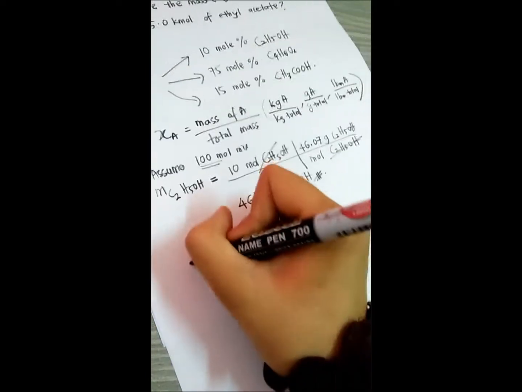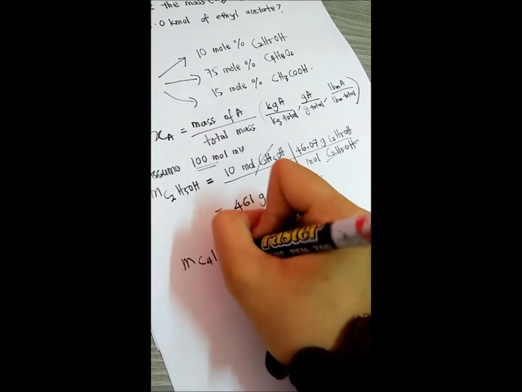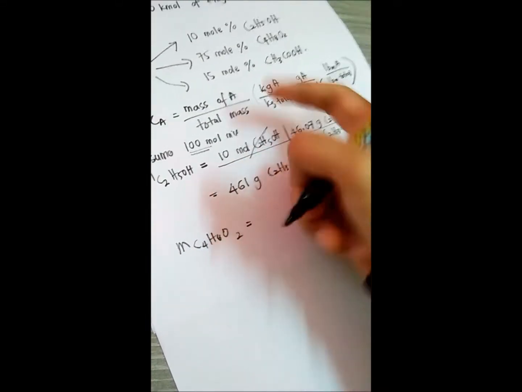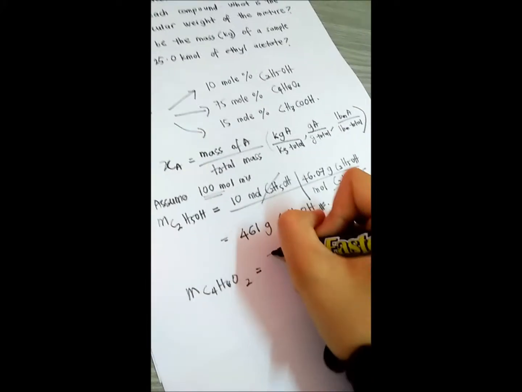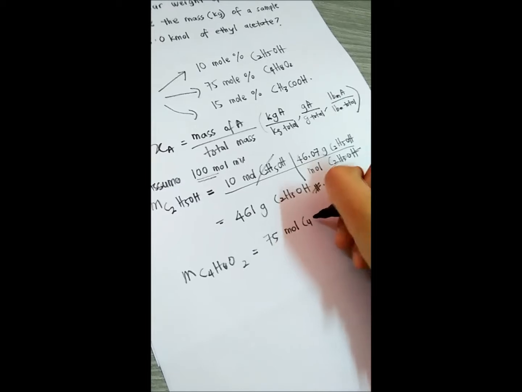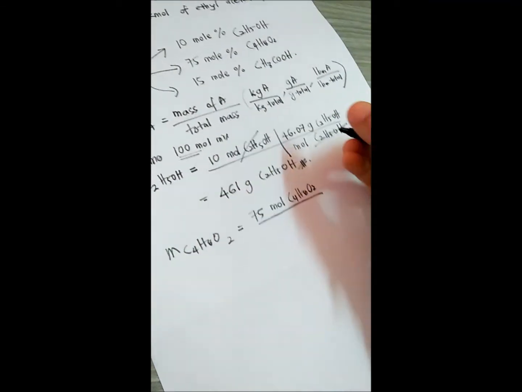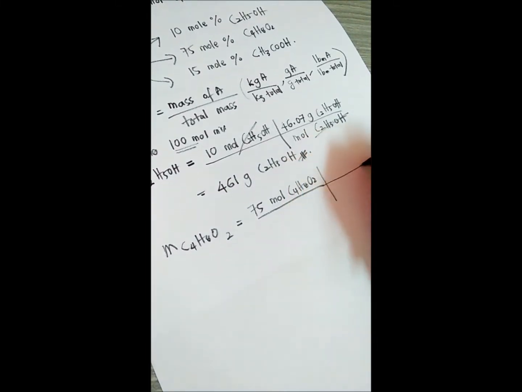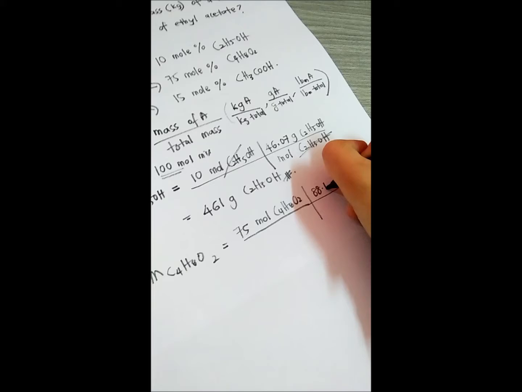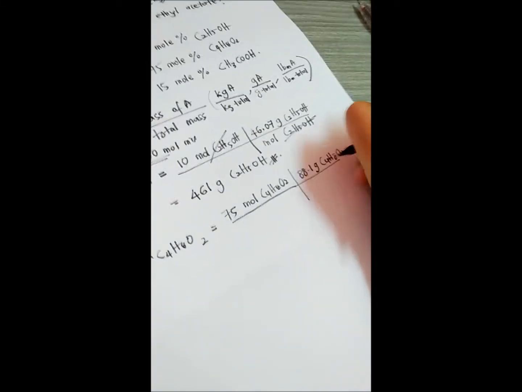Okay, next, the mass for ethyl acetate. So it is 75 mole of ethyl acetate times its molecular weight, which is 88.1 gram of ethyl acetate per 1 mole.